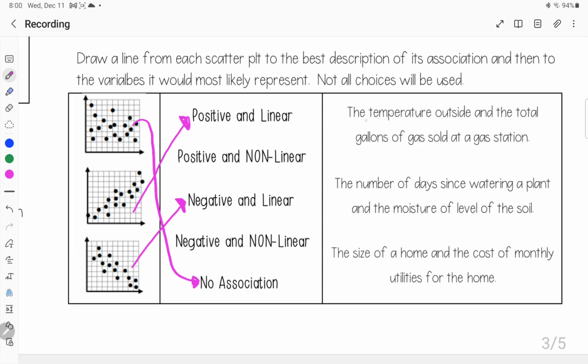As we look at this, it says the temperature outside and the total gallons of gas sold at a gas station. The next one says the number of days since watering a plant. So you've watered a plant, and then you're checking how moist the soil is, how much water is left in the soil after each day goes by. The size of a home and the cost of monthly utilities for the home.